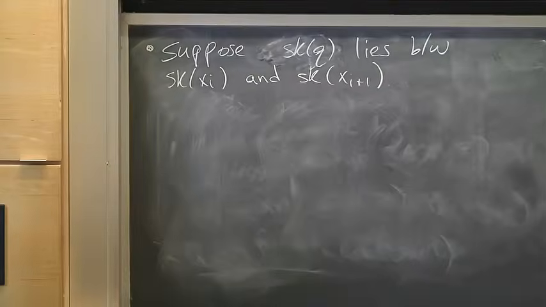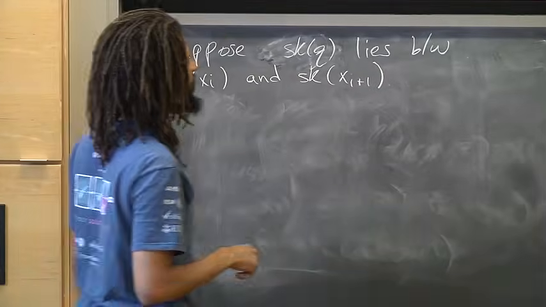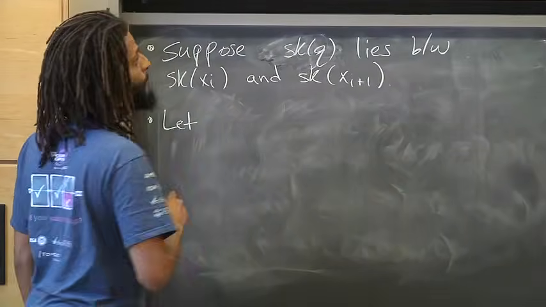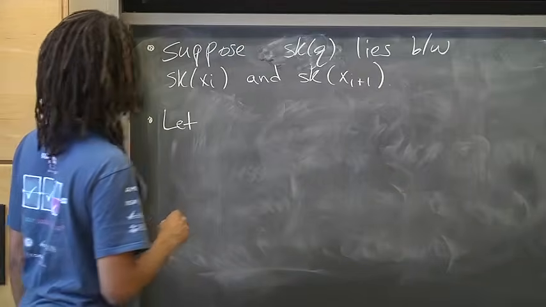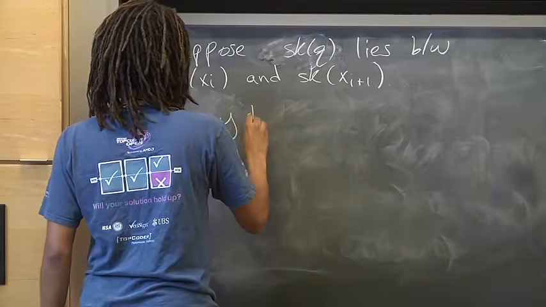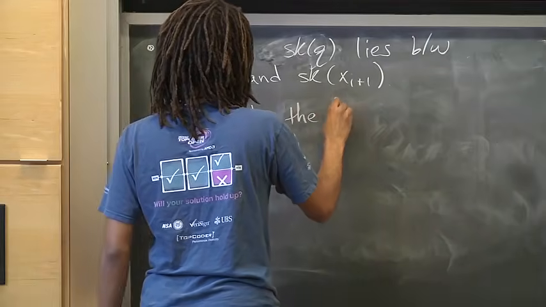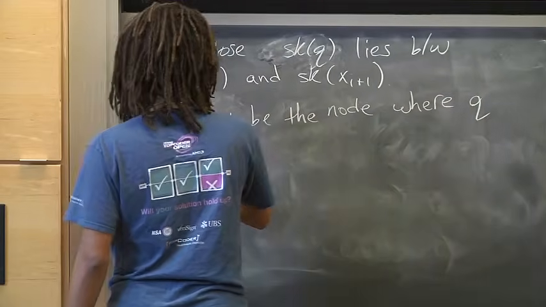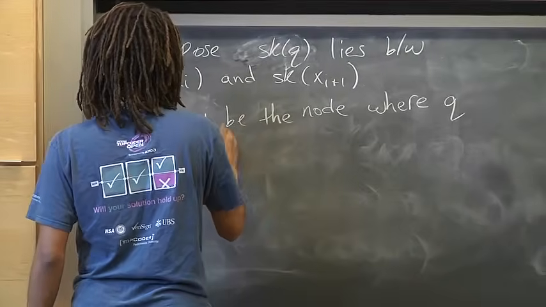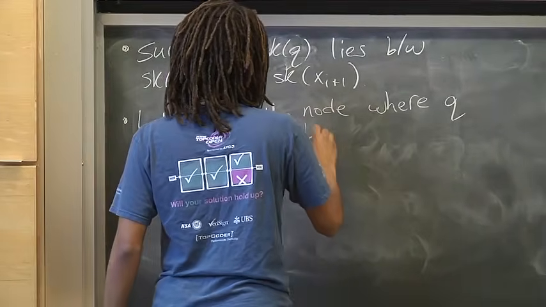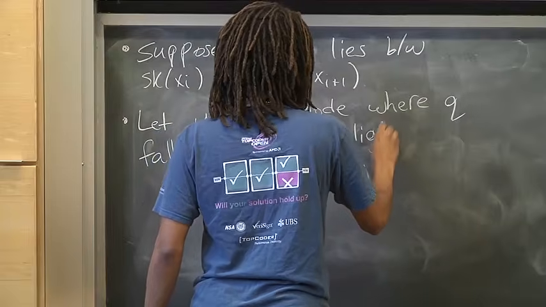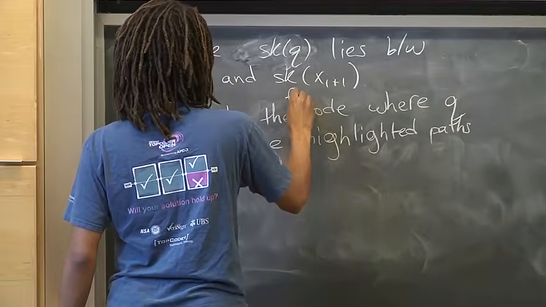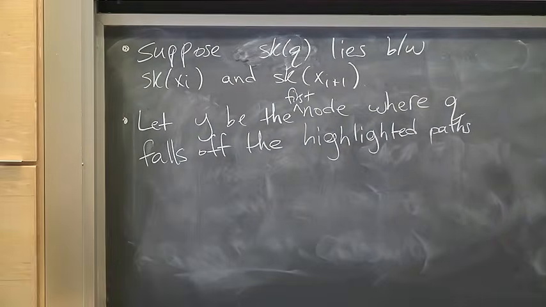And the way we're going to do that is as follows. Let y be the node where Q falls off the highlighted paths, namely the first node. So this is our y here.